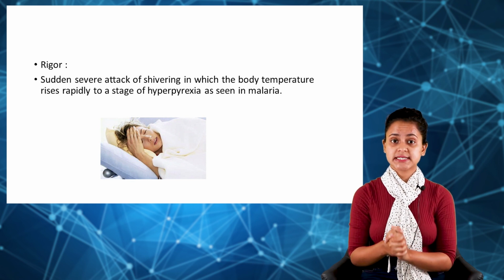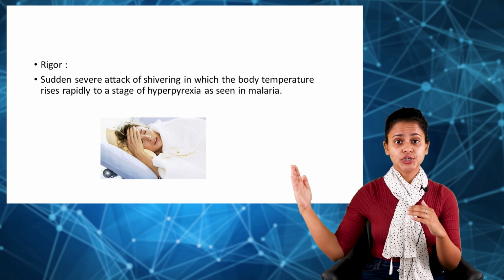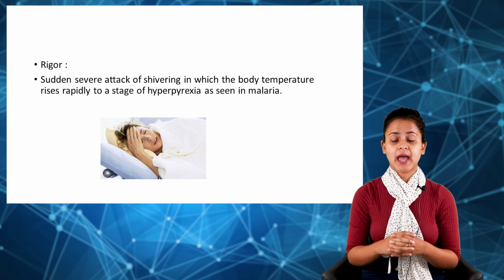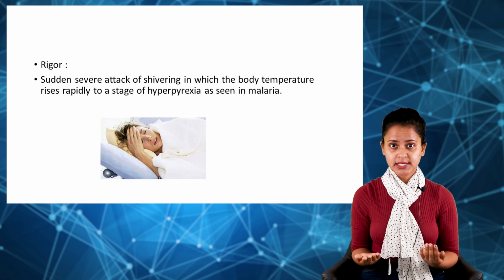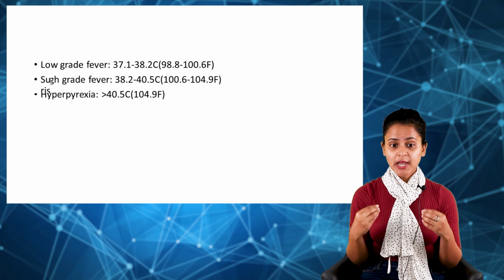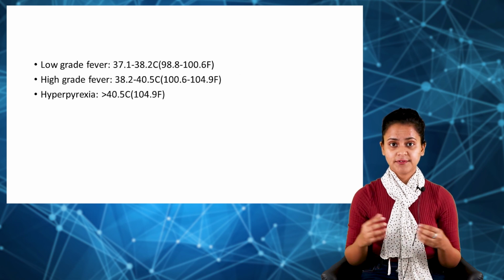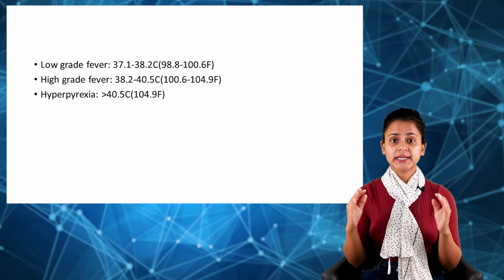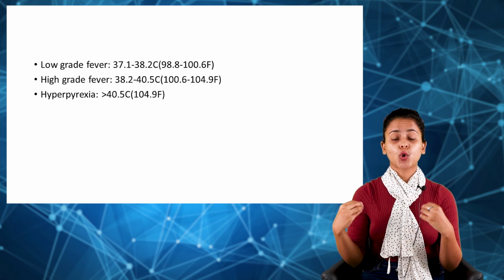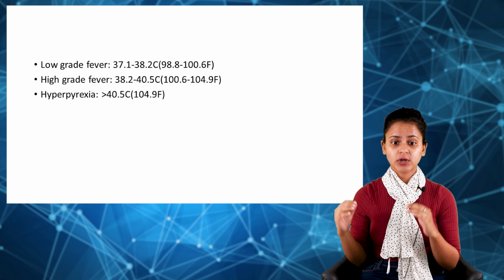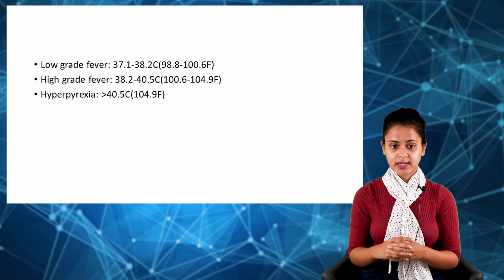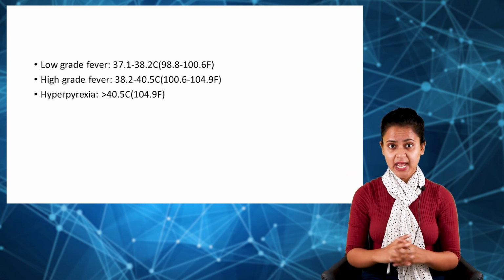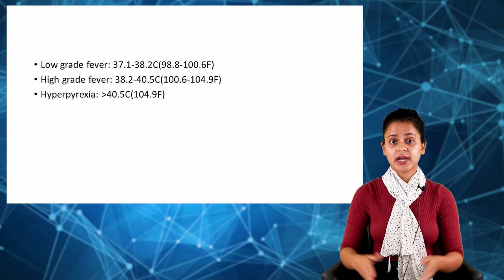The client will reach a very high temperature, which is termed hyperpyrexia. Hyperpyrexia suggests the client has a body temperature of more than 40.5 degrees Celsius or 104.9 degrees Fahrenheit.